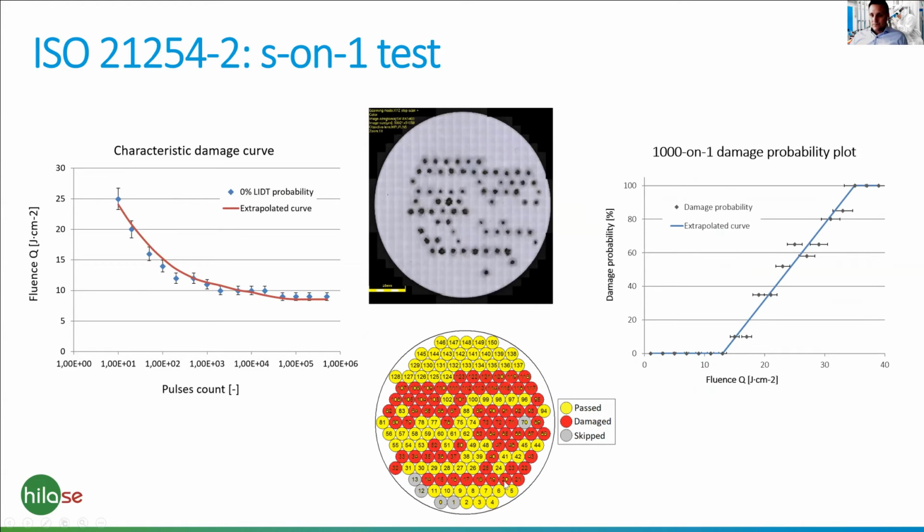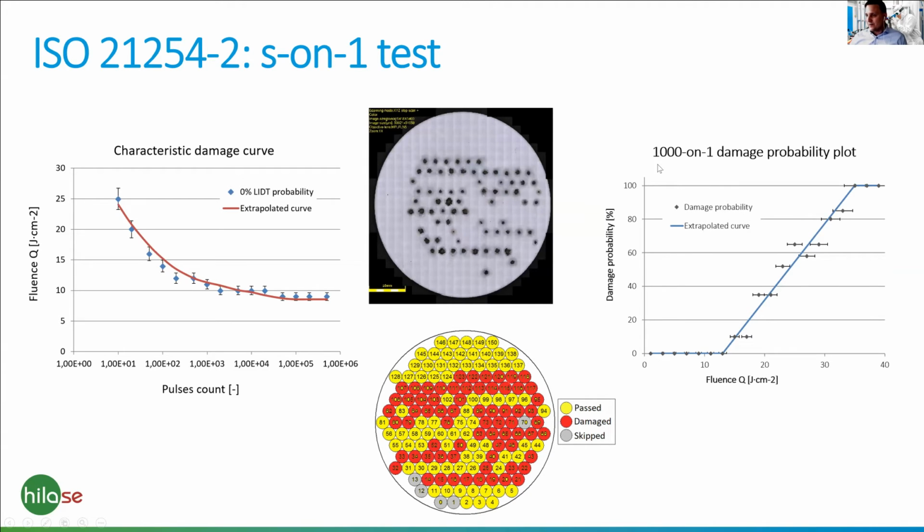The result of this test is the so-called characteristic damage curve, which describes how the damage threshold changes with the increasing number of pulses affecting one particular position. For a specific number of pulses, you can plot essentially the same plot as in the previous case.